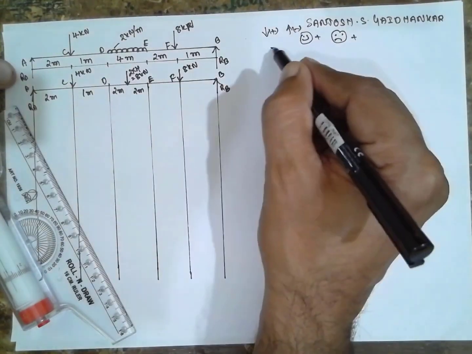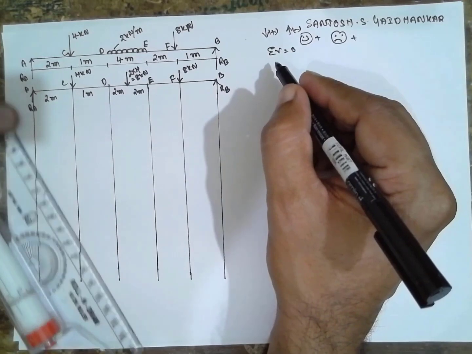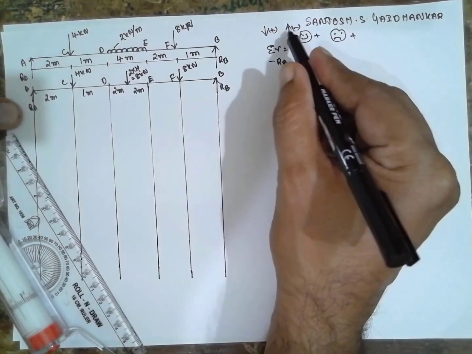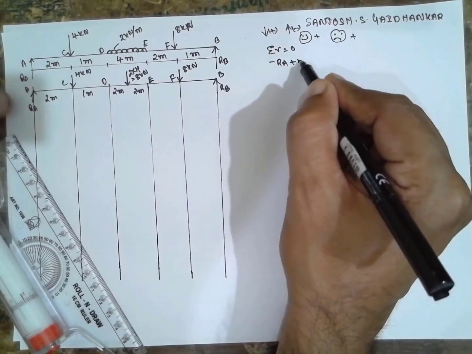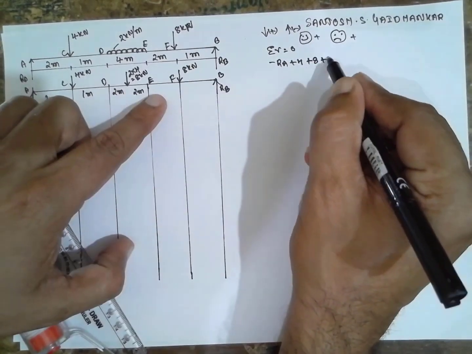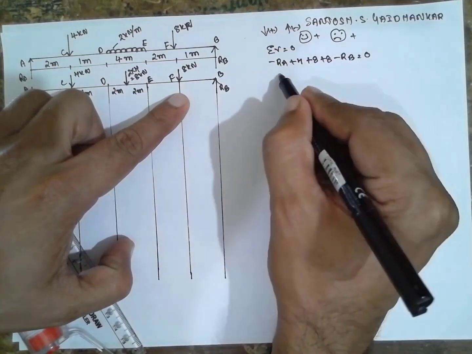Now sum of the vertical forces is equal to 0. The reaction RA, because it is in the upward direction, I will consider as minus: minus RA plus 4 plus 8 plus 8 minus RB is equal to 0.